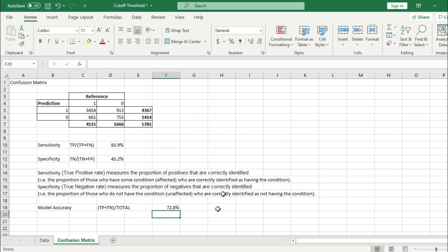It's, I would say, a good accuracy, but honestly, you cannot say if accuracy is good or bad. You will use this number to compare it with that of other models. And that's what we are going to do in the following sessions. We are going to compute a model, making a prediction using a logistic regression. Thanks for watching.